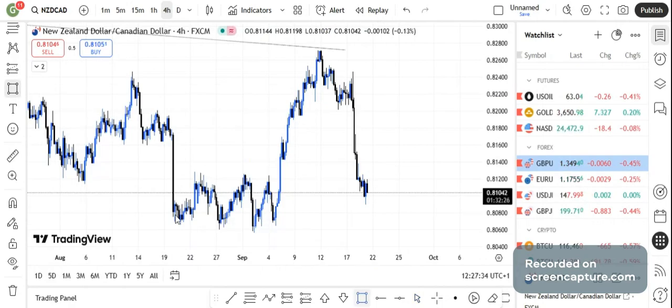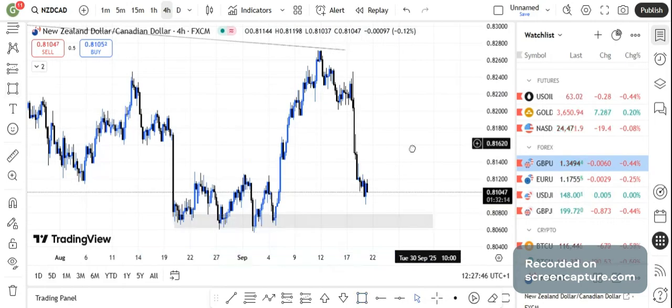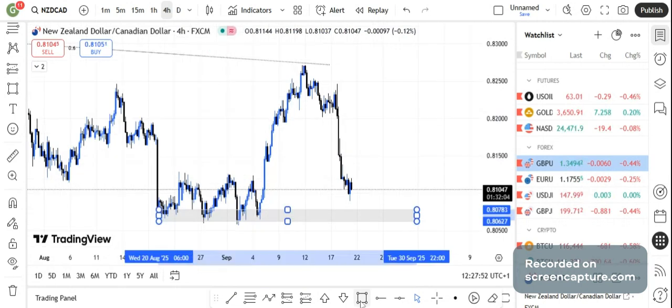I spot a support zone right there, and we just use this as a resistance.